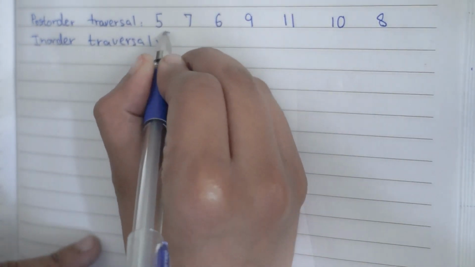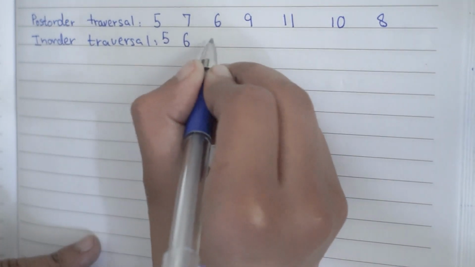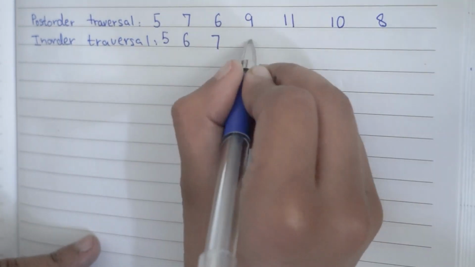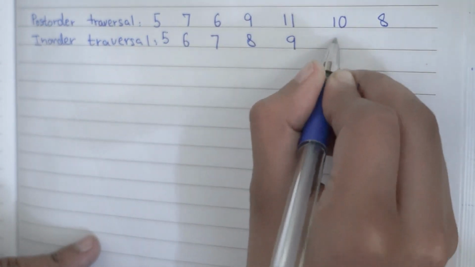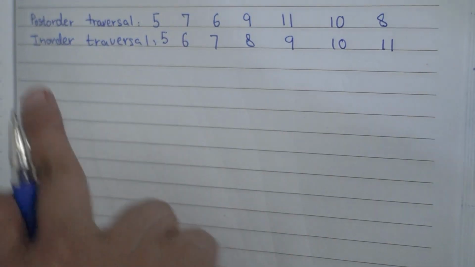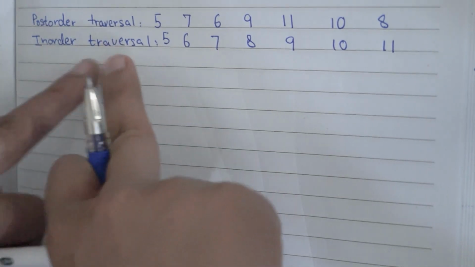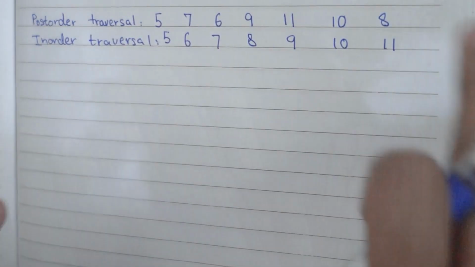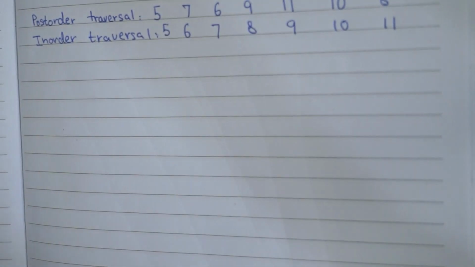So first we will write 5, then 6, 7, 8, 9, 10 and 11. As you can see, now the data is arranged in ascending order and it is the in-order traversal. So now we can make the binary tree from these two traversal techniques.